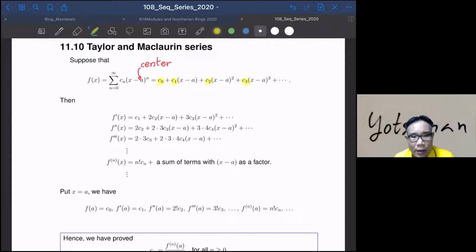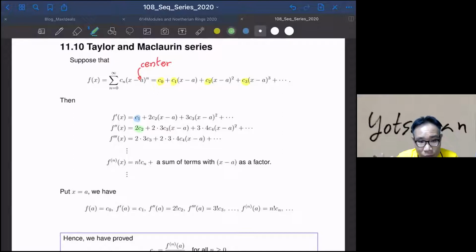We're going to begin by differentiating both sides. So f prime of x is going to give you c1, then 2c2, 3c3, and 4c4 respectively. And f double prime of x will give you 2c2 plus other terms.